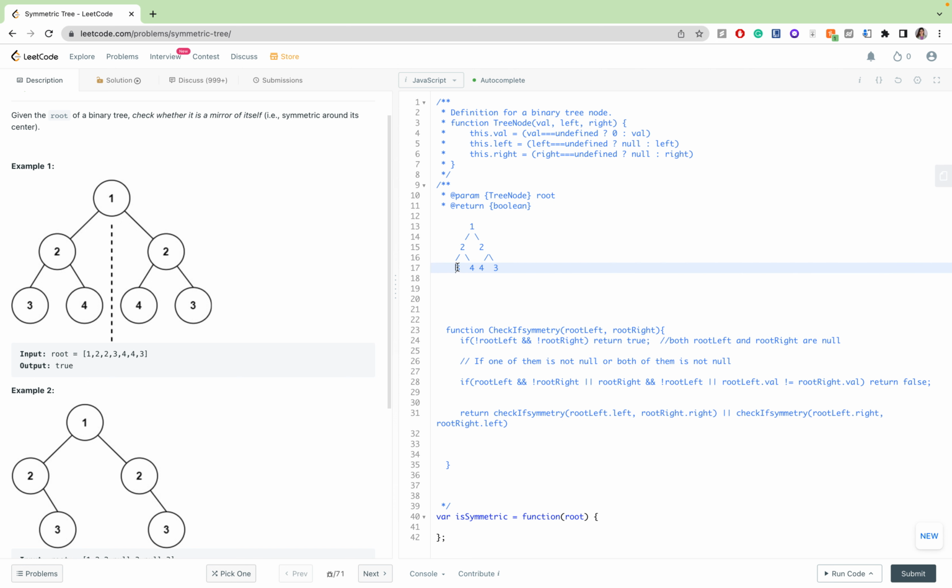Now it will look at its left and right, so both are null, so this will return true. Or if this was false, then it will return false immediately, and this will also return true, so it will return true at last. So 3, yeah, this will return true. And now after this returns true, it will check for 4. Okay, I think this would work.